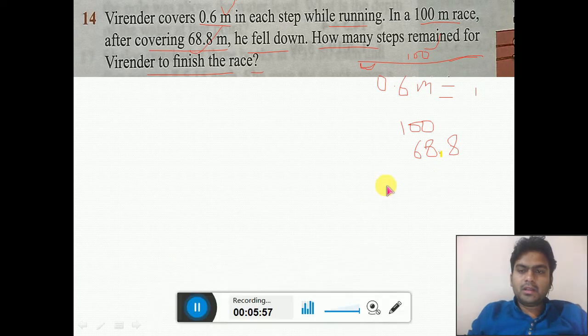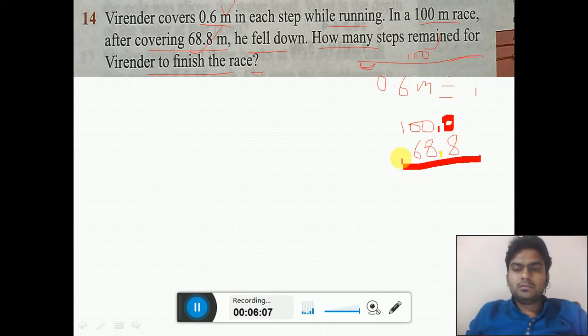From 100. Now 100 is a whole number, so we will make it a decimal number by putting a 0 after the decimal point. Now 0 minus 8, we will take a borrow, so this number will become 10. 10 minus 8 equals 2. Now this number is 0, so it gives 1 to the next number, and it will be 9. 9 minus 8 is 1.